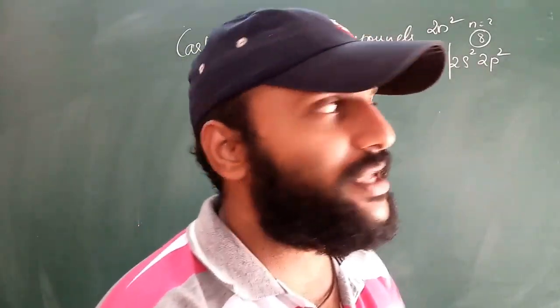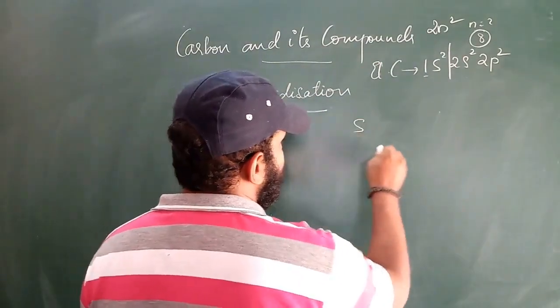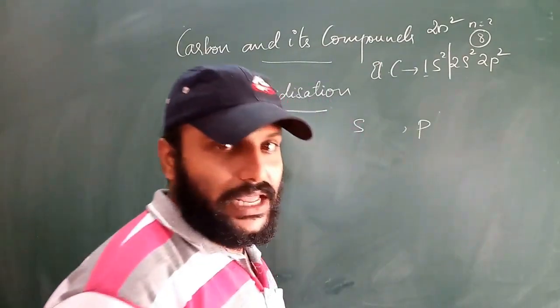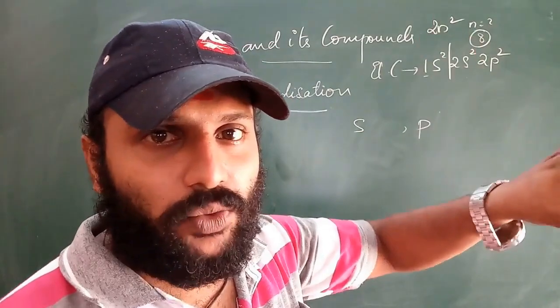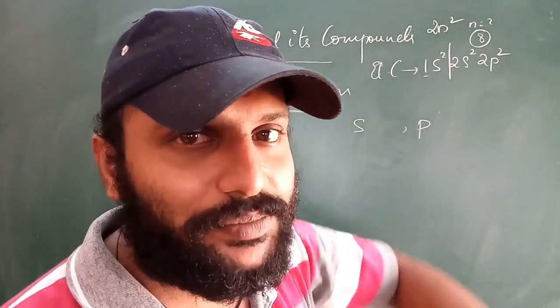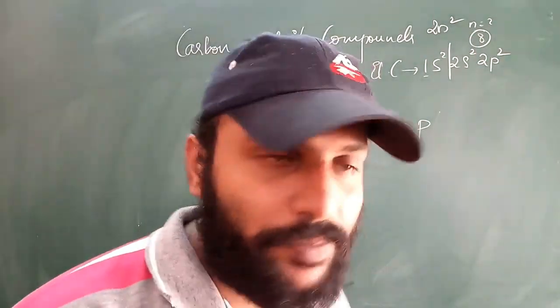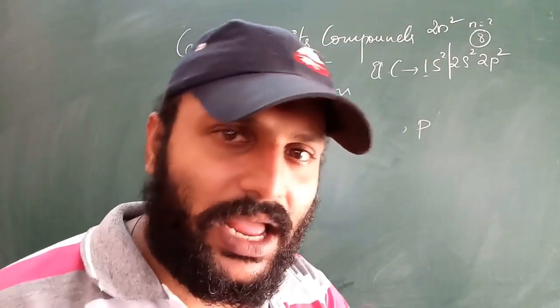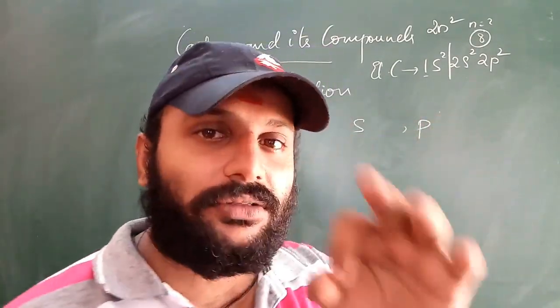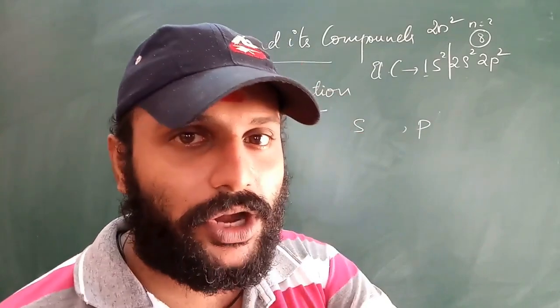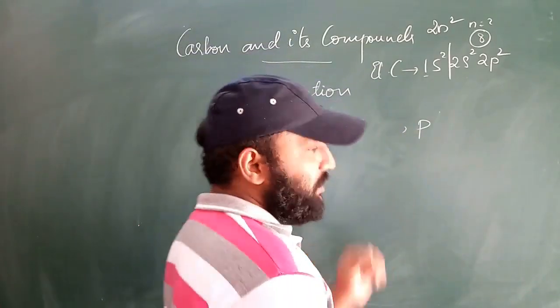So we have seen the s orbital and the p orbital. As I said, in a shell subshells will be present, and inside the subshell orbitals will be present. The s subshell has one s orbital. The p subshell has 3 p orbitals, that is px, py, pz.